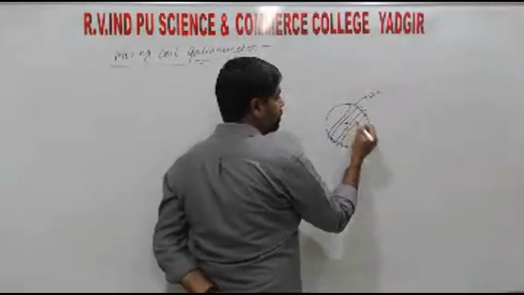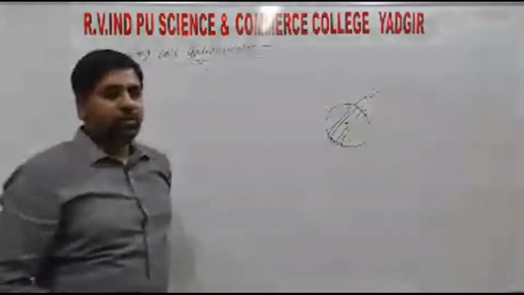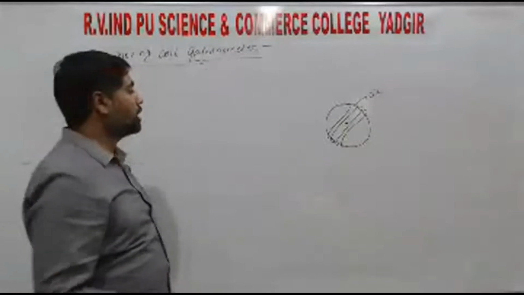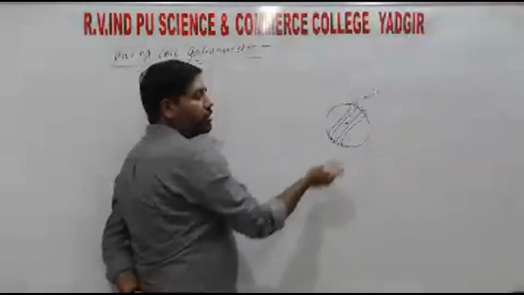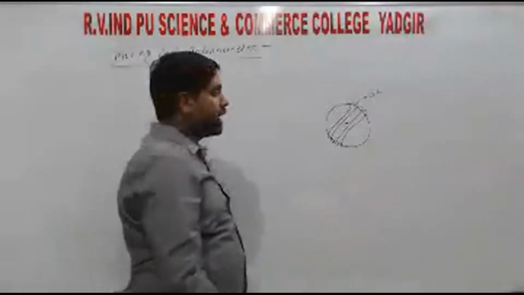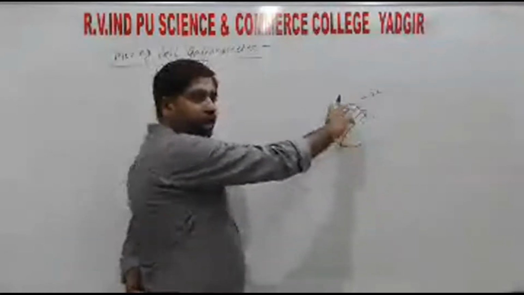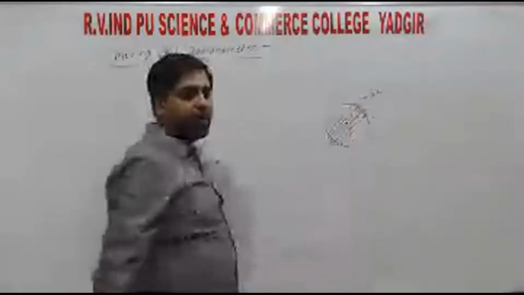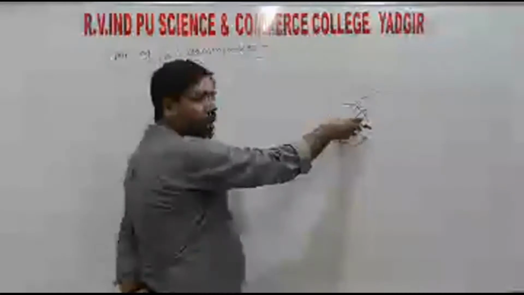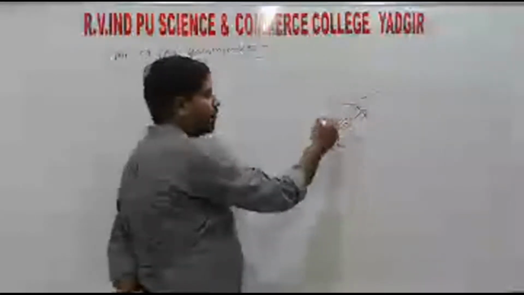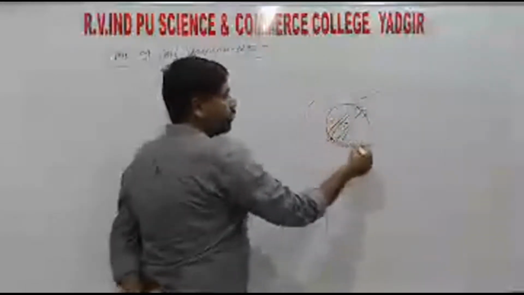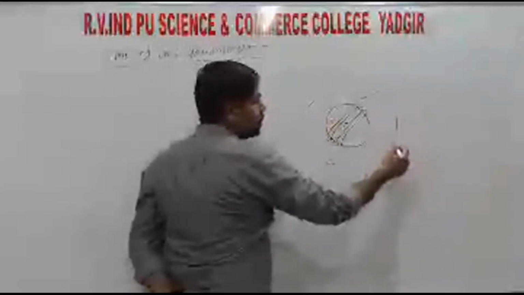So centrally it is pivoted, right? So a moving coil galvanometer consists of a coil with n number of turns and it freely rotates in the radial magnetic field. So it rotates freely in the magnetic field. So that magnetic field is provided by the permanent magnet.